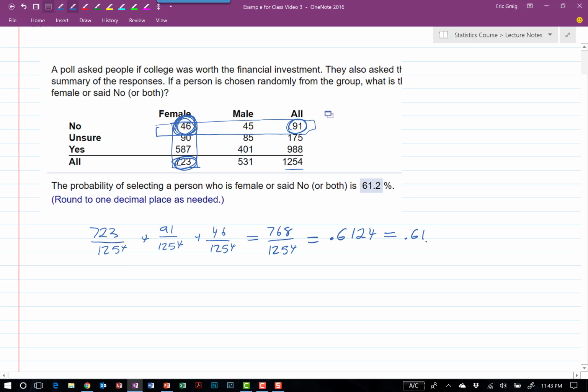It says round to 2 decimal places is needed, so 0.61 would be the correct answer for that one. Okay, that takes care of, I think, the problems that I wanted to go over from Chapter 5.